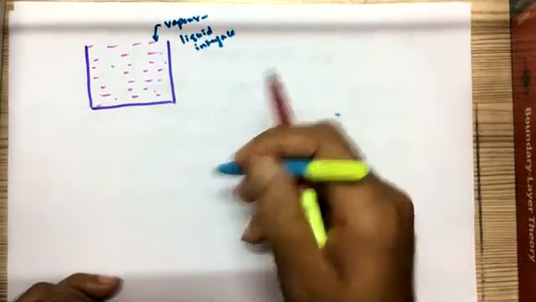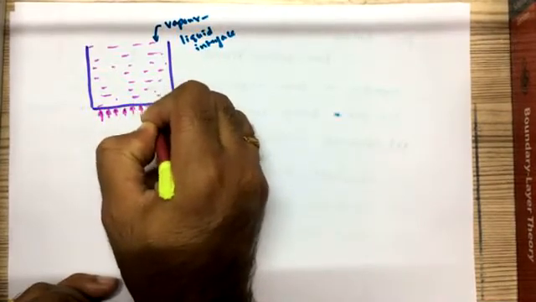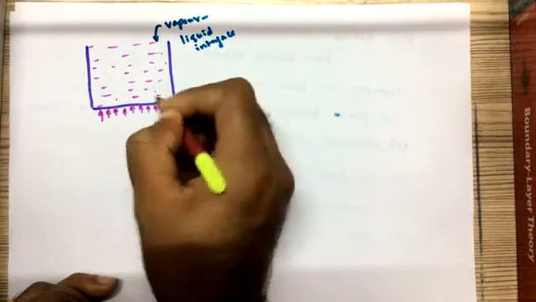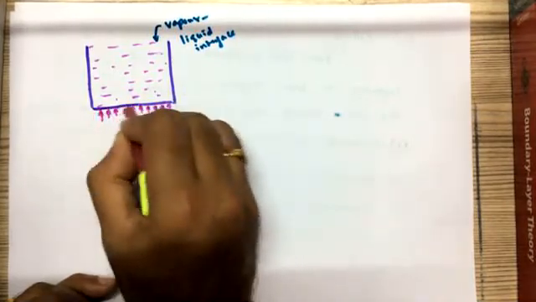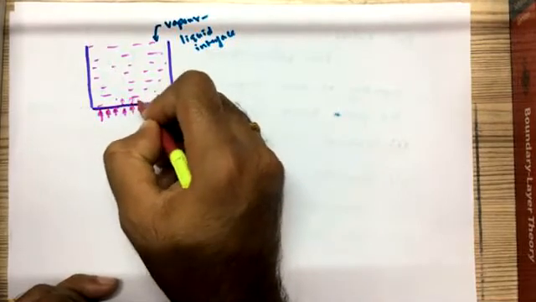Now, from here, the heat is being input. So this surface is getting heated up, and that heat of course would be transferred to the liquid.